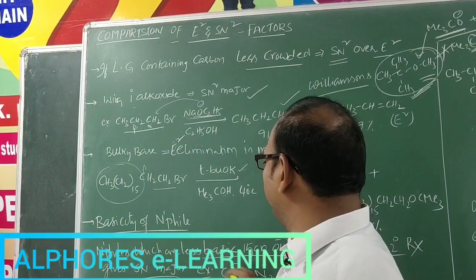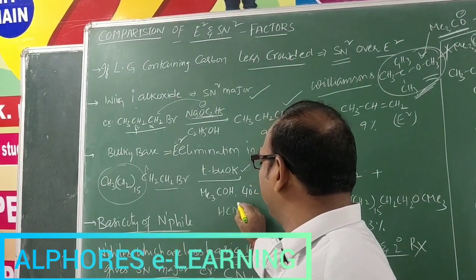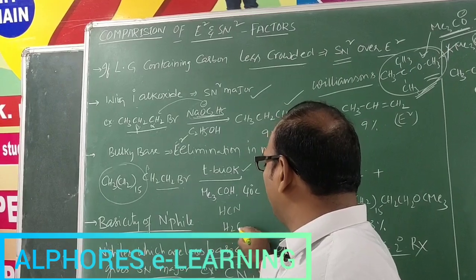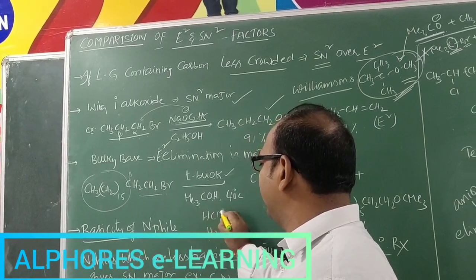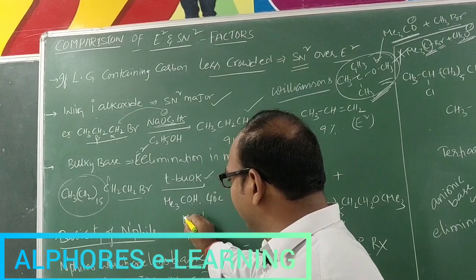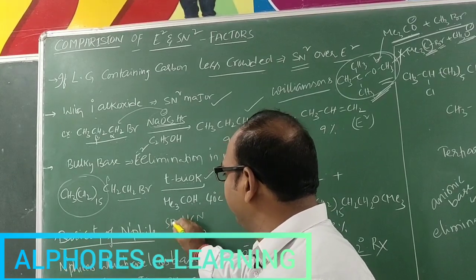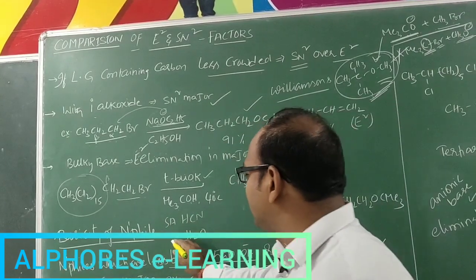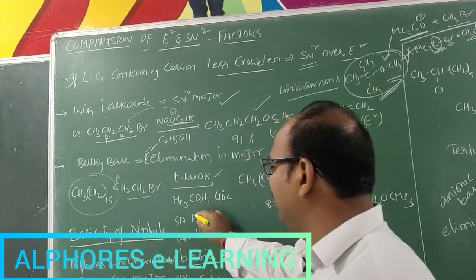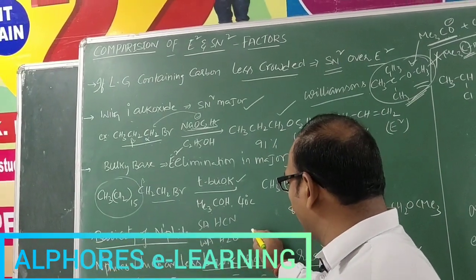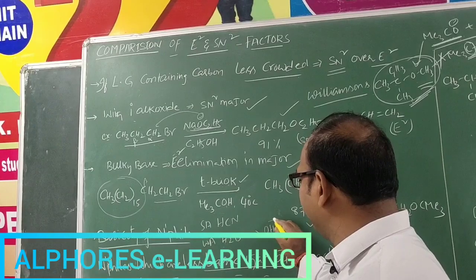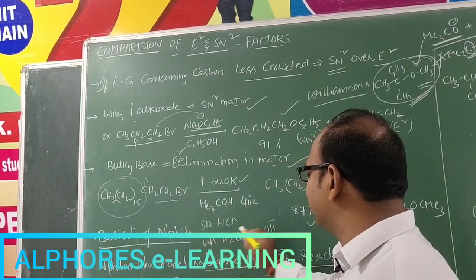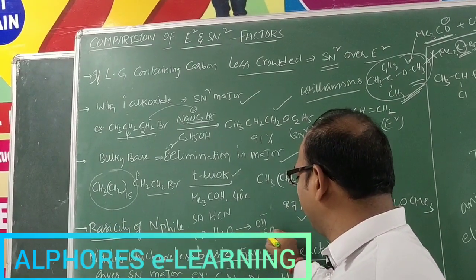Let us consider CN minus. CN minus is obtained from HCN, so compare with H2O. H2O is neutral, HCN is an acid. When we compare these two, we can say HCN is the strong acid and H2O is the weak acid. From the H2O conjugate, what we are getting is OH minus, since a weak acid's conjugate is a strong base.